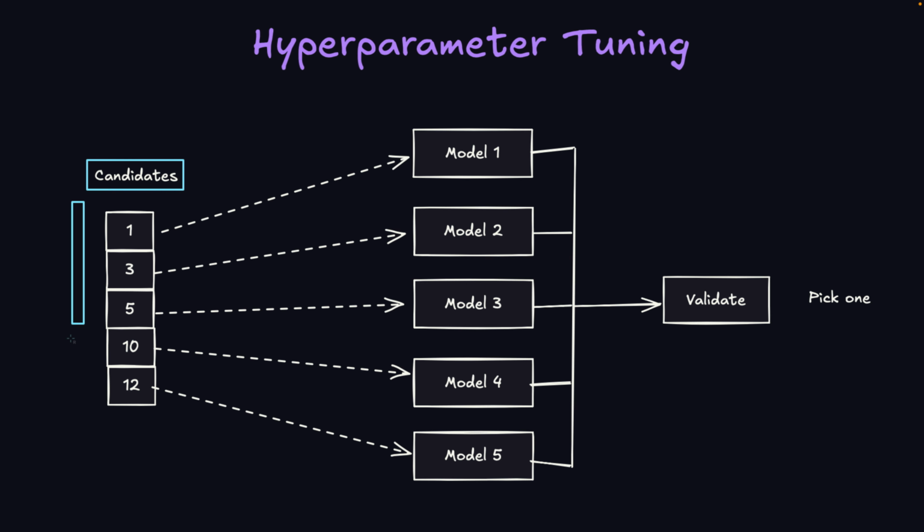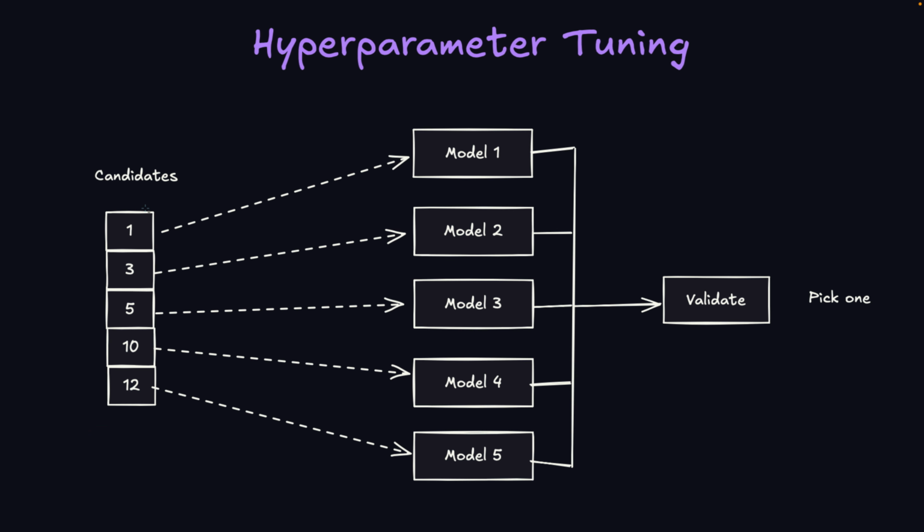In the case of a decision tree, we have picked 5 different candidate values for depth. It could be a combination of multiple values as well. We may have multiple hyperparameters, like the depth of the tree and something else. In that case, we will have a table of those combinations, and those will be the candidates. But in this example, we have just one hyperparameter. That is why we have these singular values.